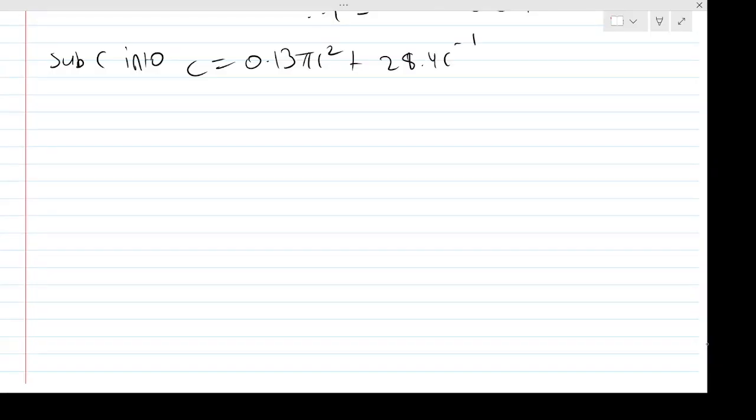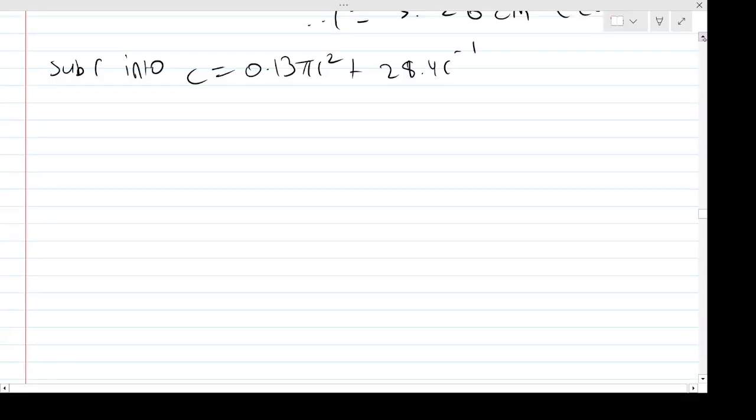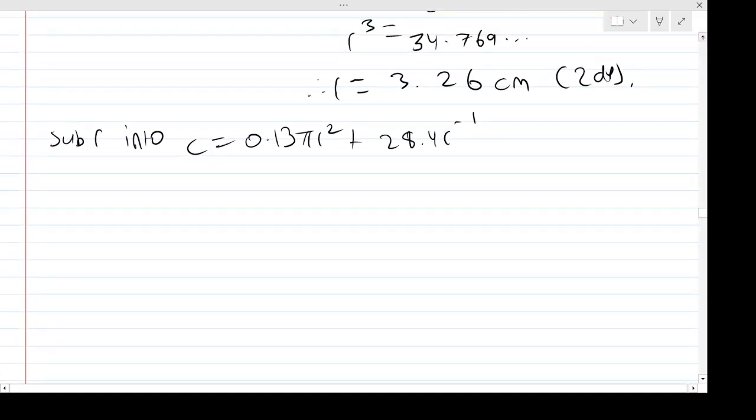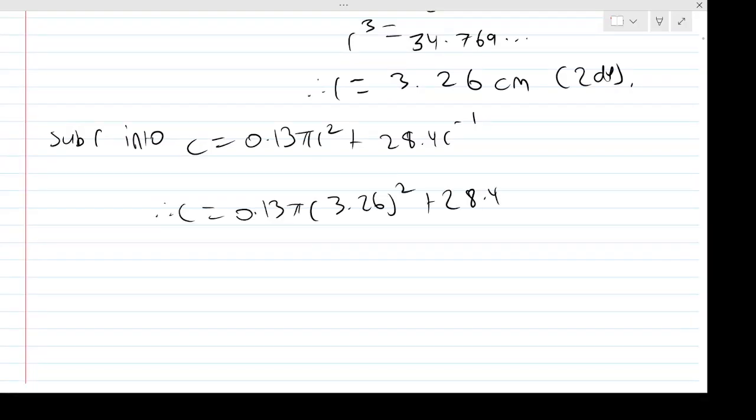So I'm going to substitute that r, which is this 3.26, into this expression. Therefore c is going to be 0.13 pi of 3.26 all squared, add 28.4 times 3.26 to the minus 1. If I put that in a calculator, I get 13.05 to 2 decimal places, and the units are in pence.